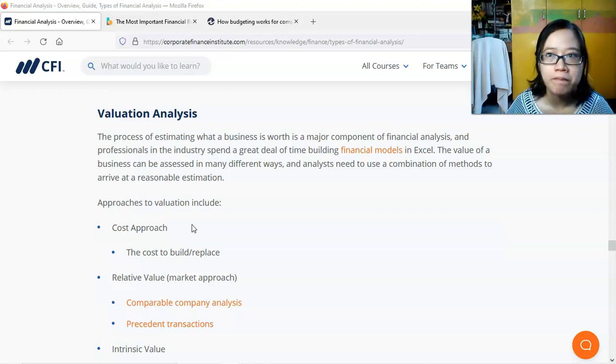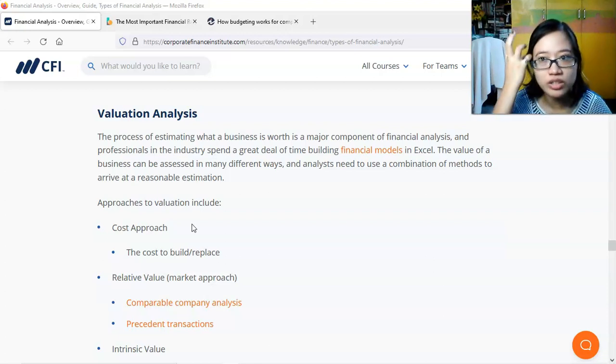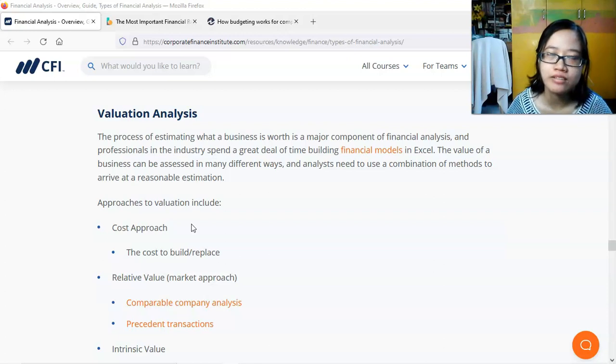So in a way, maraming factors na kina-consider. Pwede ka mag-start sa market price and then you adjust it accordingly, depending on other factors like future plans ng company or yung kanyang current composition or yung quality of their management, quality of their governance, ganyan. So, maraming factors to take into account, okay?